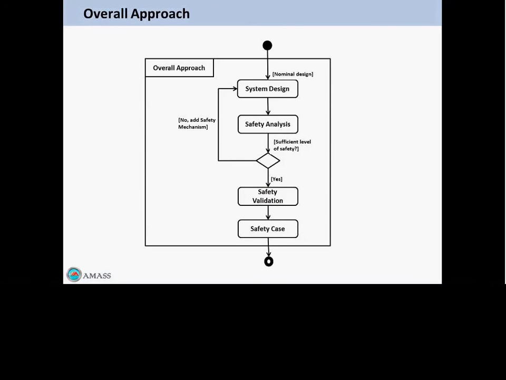So the idea of the workflow is to have a standard sequence of phases that go from the system design to the safety analysis to the safety validation and safety case. And apart from safety validation, each of these phases is supported with different techniques.